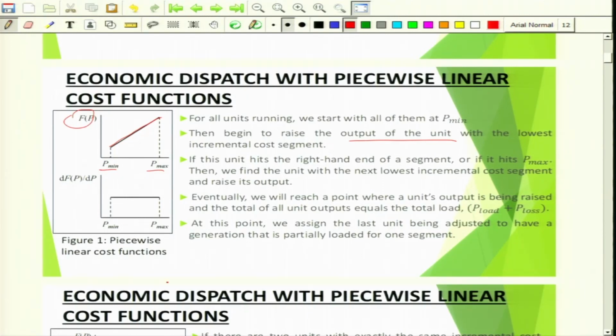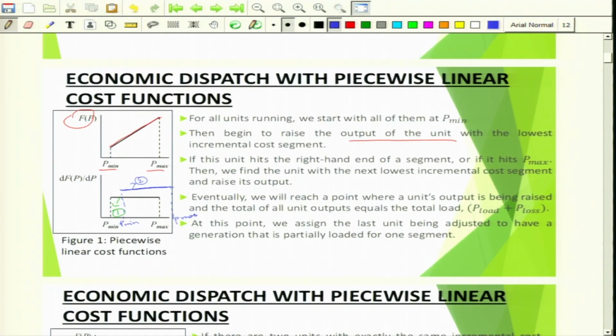Like this you have for another generator, this is let us say for generator 1, and you have for another generator, it could be like this, the incremental fuel cost rate. That means the lambda of this generator 2 is at a higher value compared to the lambda of generator 1. It has its own P minimum and its own P maximum.